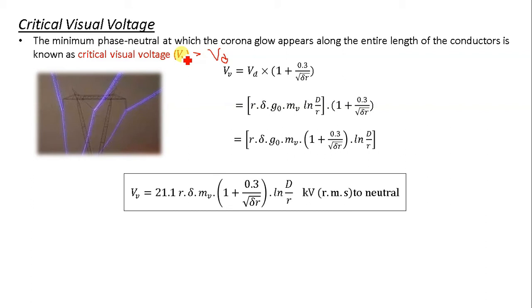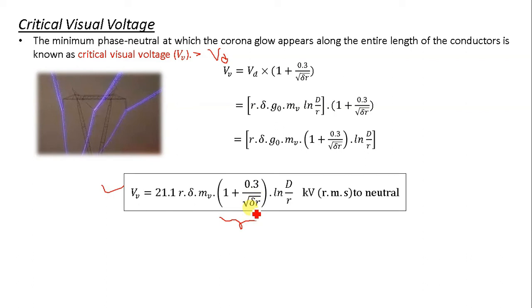Now let's look at the empirical formula for finding the value of critical visual voltage. If you look at this formula, it is very much similar to the formula for VD that we discussed in the previous lecture. The only different thing is this factor, 1 plus 0.3 divided by root of delta into r.